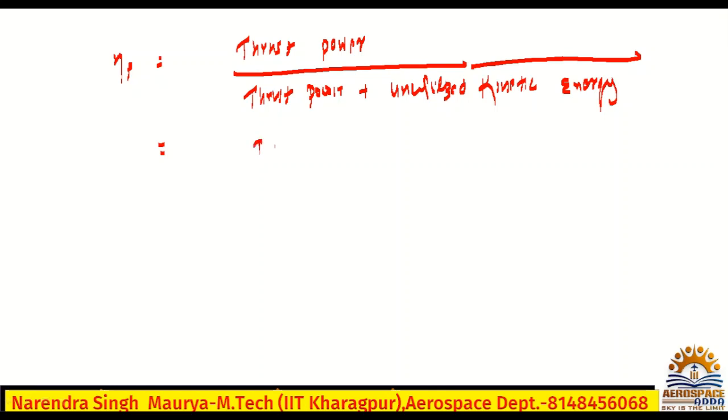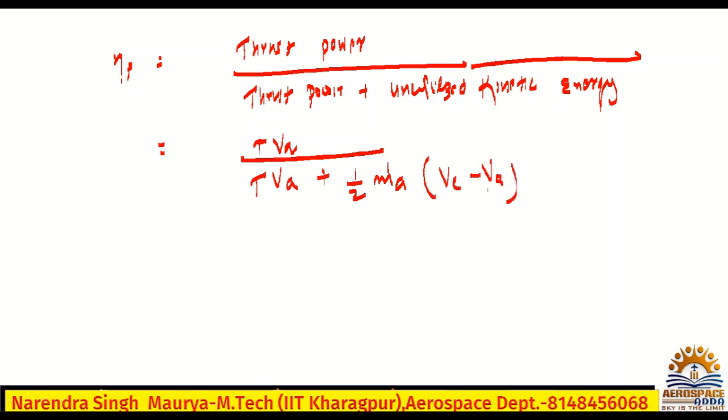So thrust power is thrust into aircraft speed, T into V_A, plus the unutilized kinetic energy, 1/2 m dot A (V_E minus V_A) squared. What is V_E? The exit velocity of the nozzle. V_A is the inlet velocity into the diffuser, the inlet velocity of the air, or you can say the aircraft speed, the meaning is the same. So this is the propulsive efficiency.